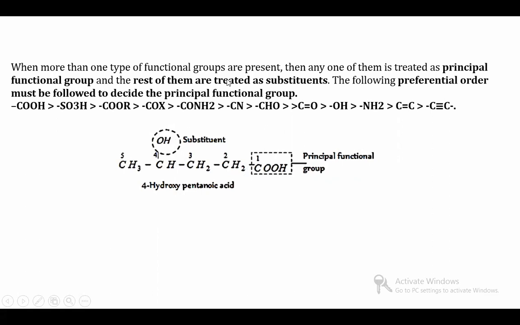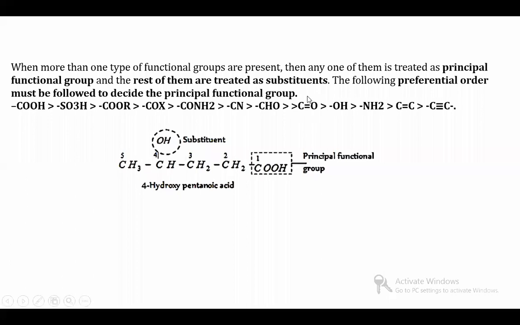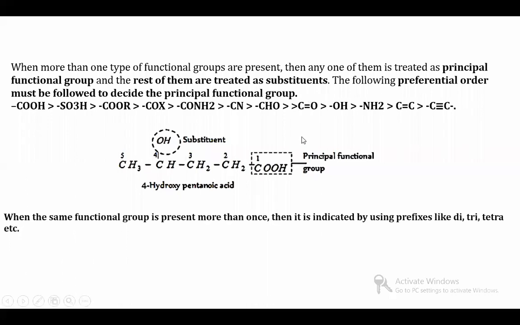So it is 4-hydroxypentanoic acid. Carboxylic acid is more preferential than alcohol, so you need to name the organic compound based on this.